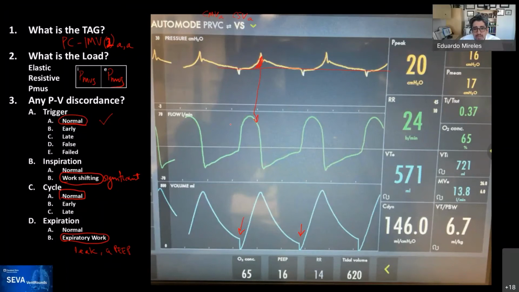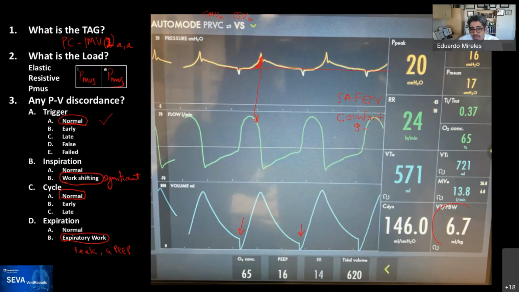Absolutely. So here the key question is, what's your goal? If the goal is safety, at least the patient is achieving the lung protective tidal volume, as you can see over here. So you may be happy about that. If the goal is comfort, well, the patient is synchronous.